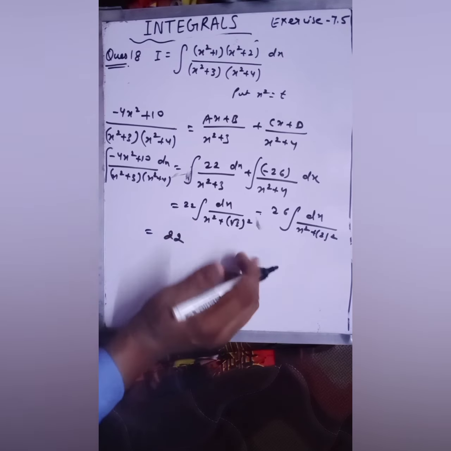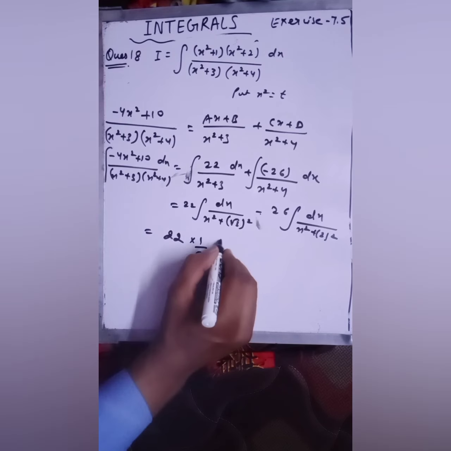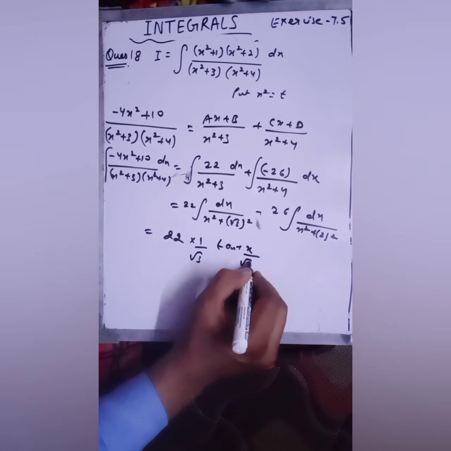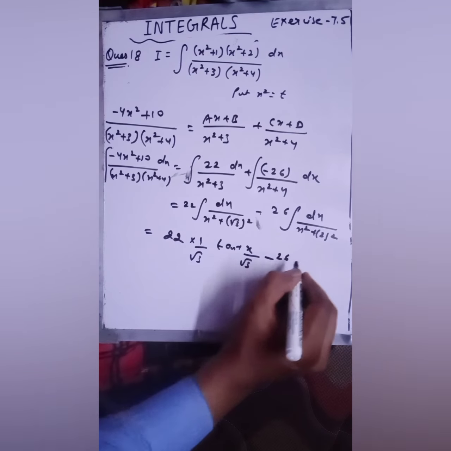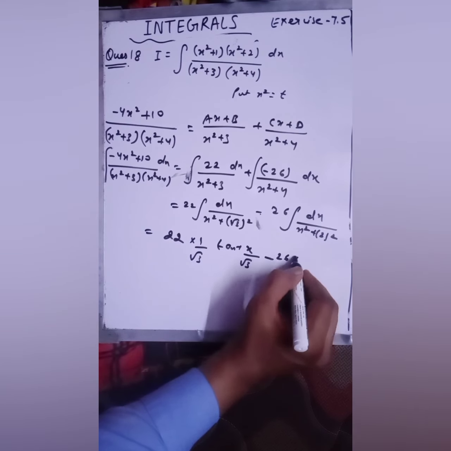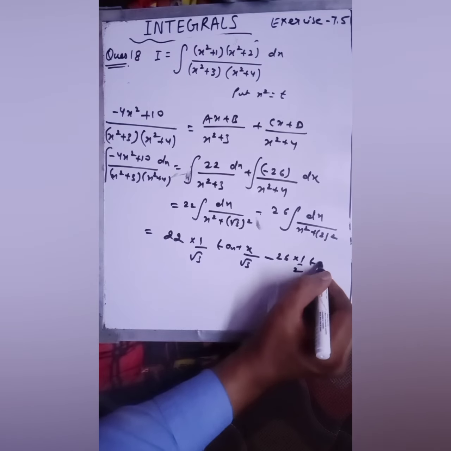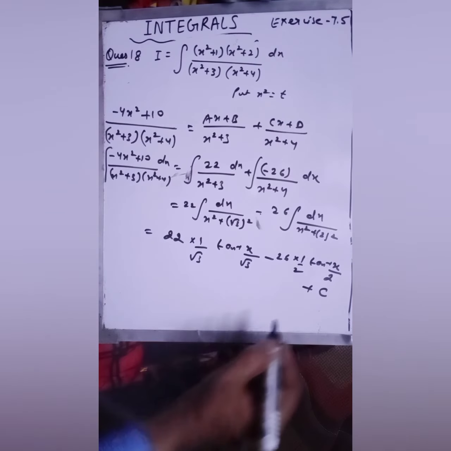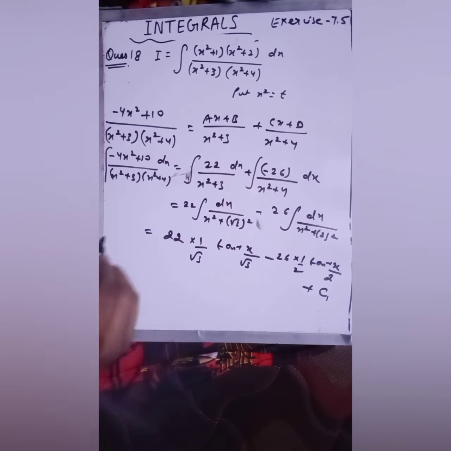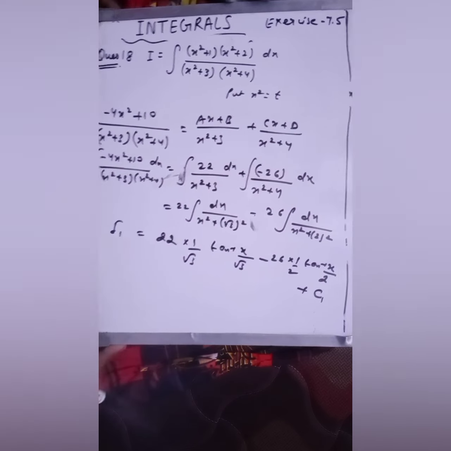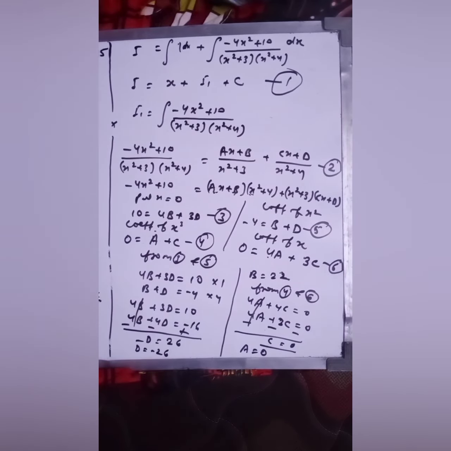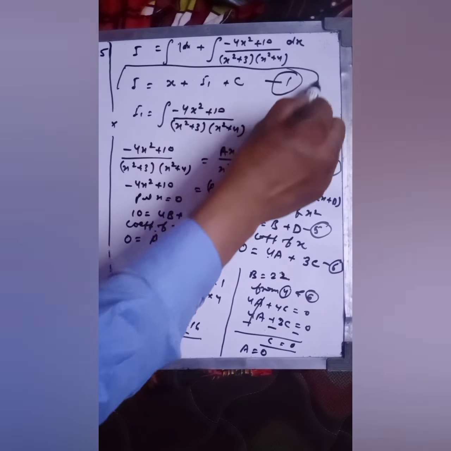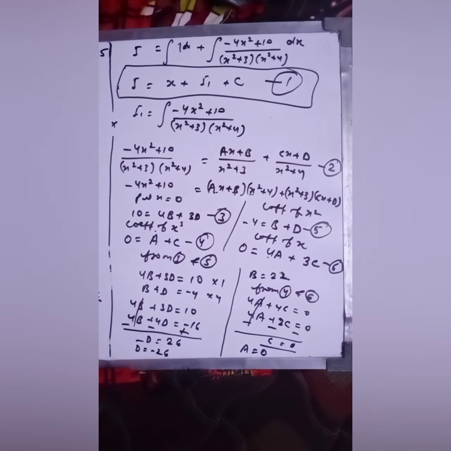Okay, so integral this would be 1 by a, that is 1 by root 3 tan inverse x by a, minus 26. Again here 1 by a means 1 by 2, your a is 2, tan inverse x by a, plus c. This is c1 actually, because c we have used. So this is your I1. So simply you have to put this value of I1 in equation number 1, which is here. In this equation you have to put the value of I1, and you will get the required answer.